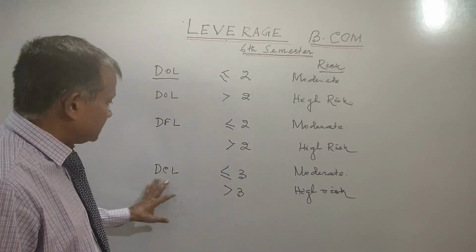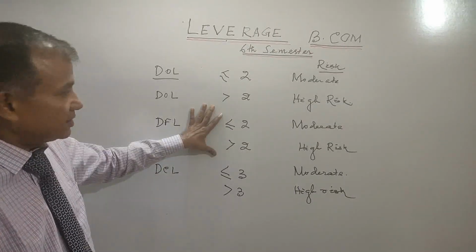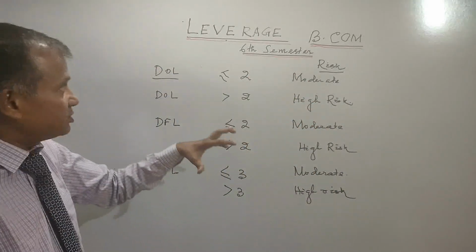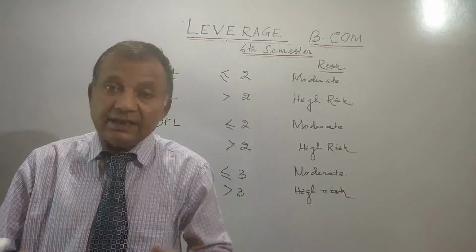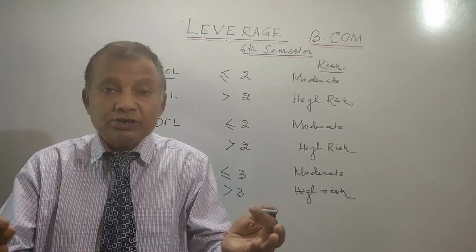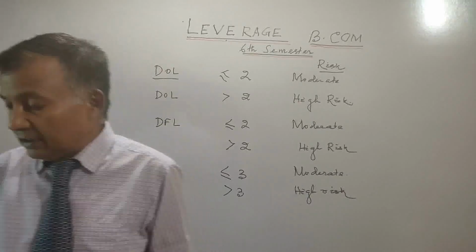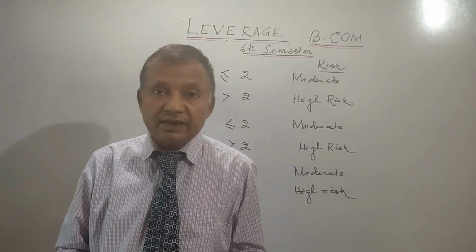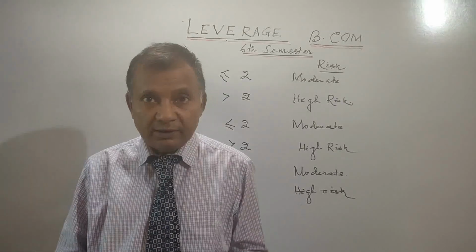And if the DCL is greater than 3, we can say the risk of the firm is quite high. So this leverage concept is used as a warning for prospective sick companies, as a red flag for the company's performance. Right, friends, now you can see the question and we are going to start with problem number 1.